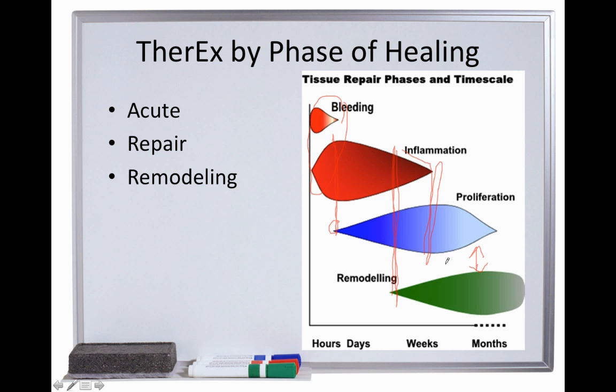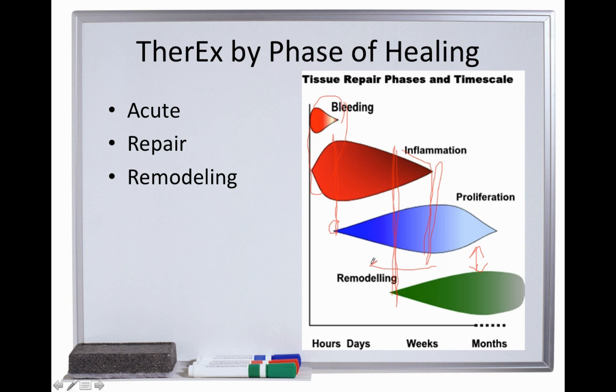Throughout, you're monitoring signs and symptoms for going backwards. So if you're starting to see those cardinal signs of inflammation, and maybe you're moving a little bit too fast on the rehab process, slow it down, let that proliferation phase pick back up again into remodeling.